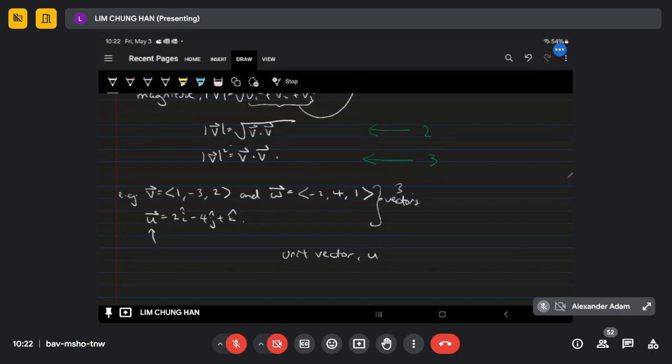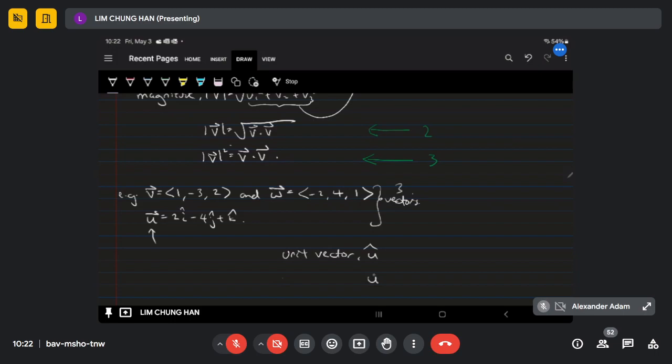But the sign on top is different. What is the sign on top? Like a roof. Yeah. So don't get confused. If the sign on top is like a roof, then it's a unit vector.